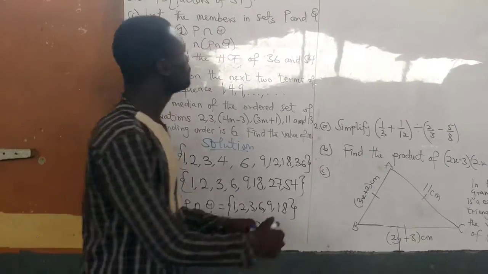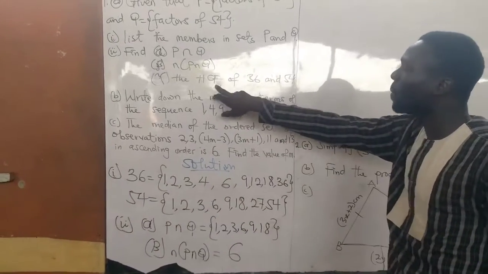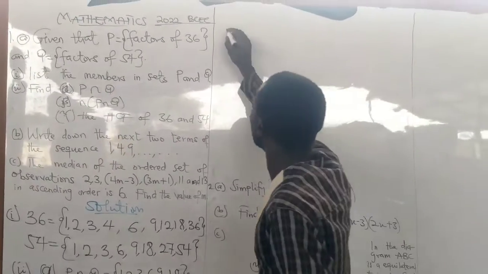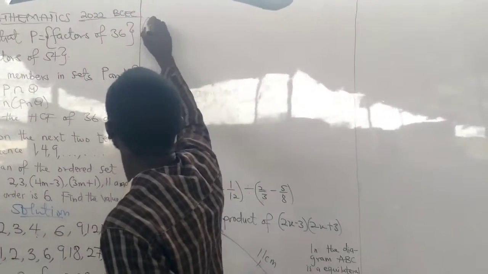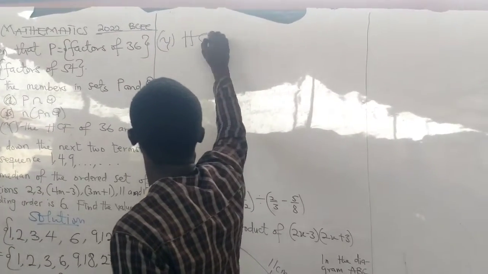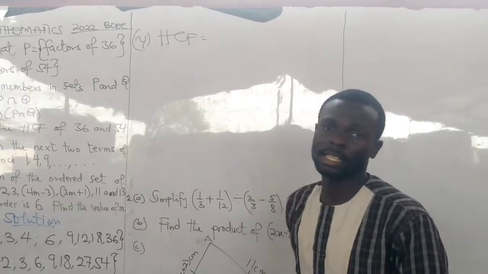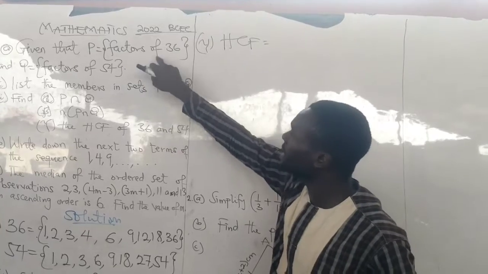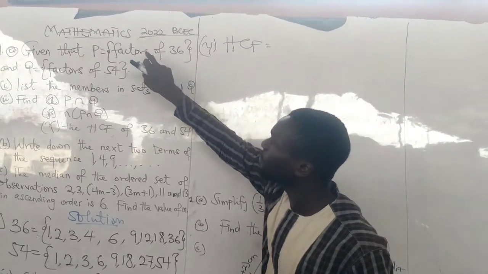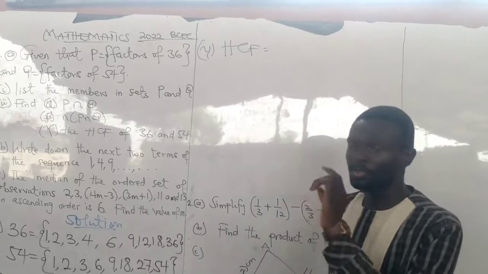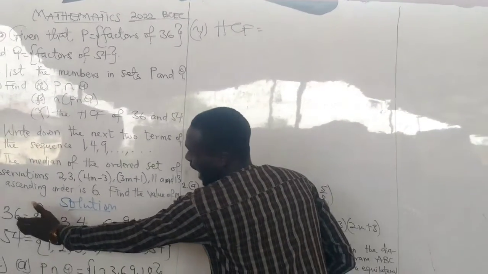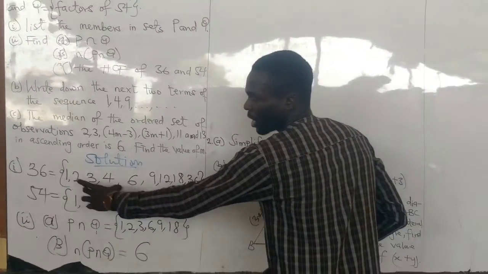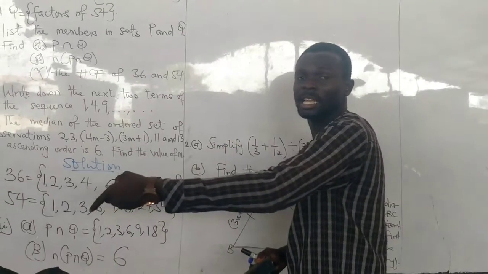When you come to the last one, you have been asked to find the highest common factor of 36 and 54. So how can I know the highest common factor of 36 and 54? Remember, the first thing that we were asked to do is to list the members of P and Q, which are factors of 36 and 54. So we have the factors of each element already. Now, if you find the factors of each element, what do you do next?